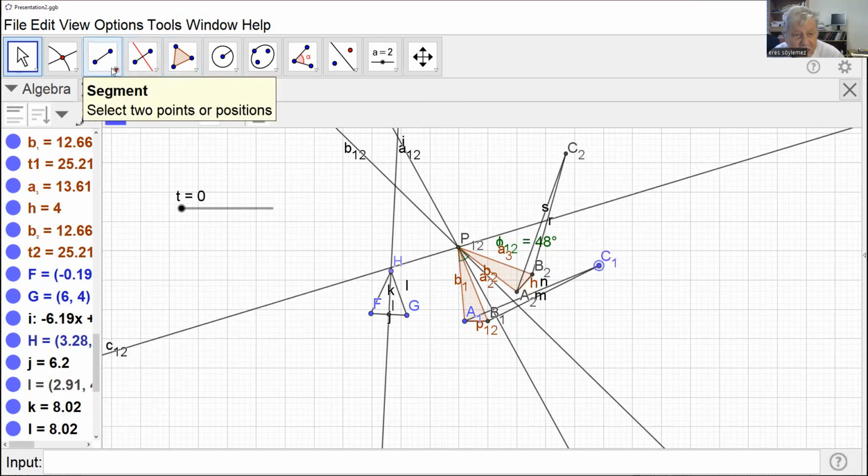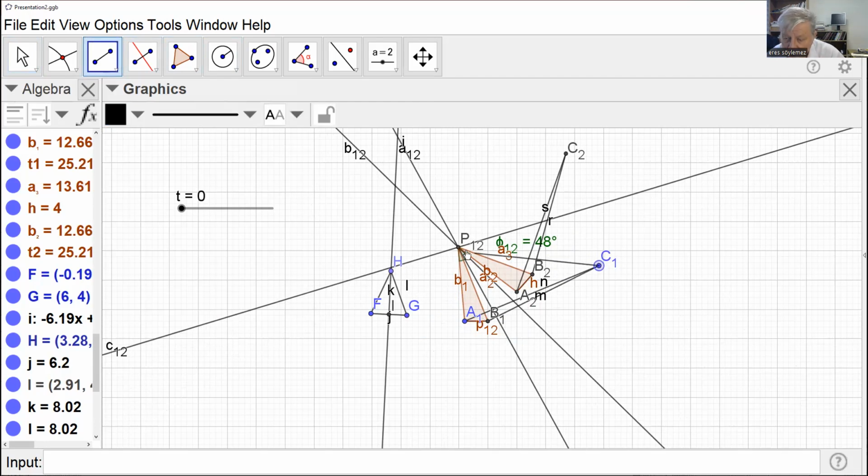If I join C1 to P12, join C2 to P12, that angle, C1, P12 to C2, that angle will also be equal to, yes, phi 1, 2. Okay? That angle is also equal to phi 1, 2.